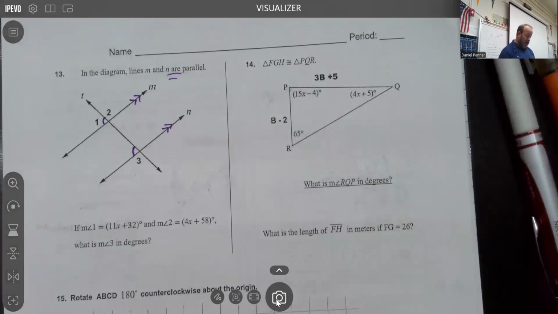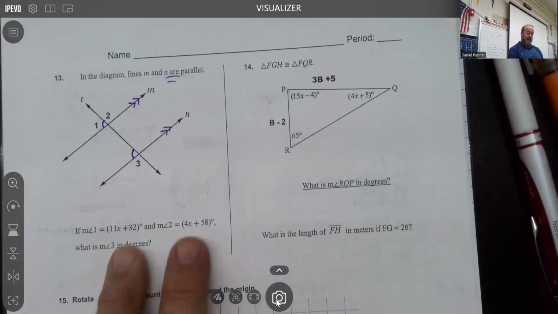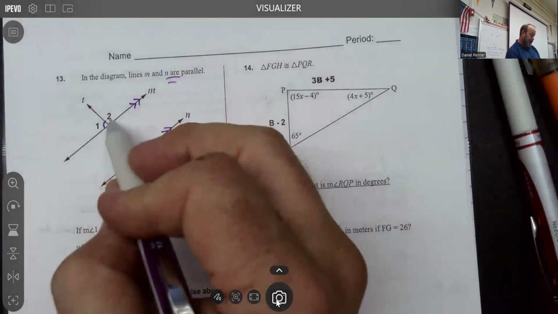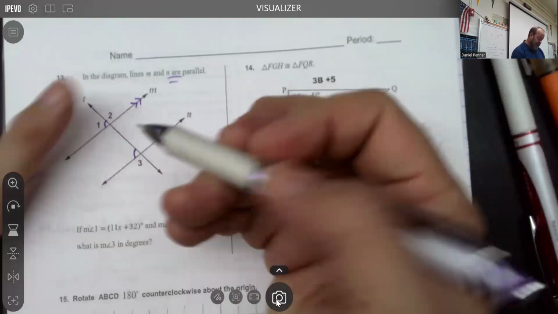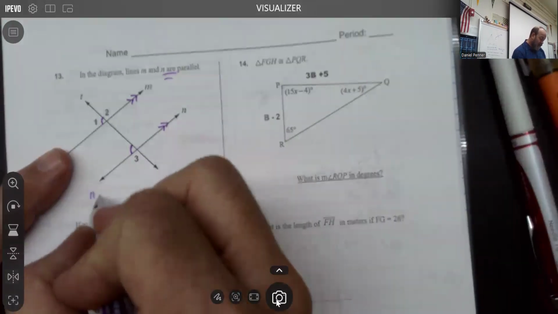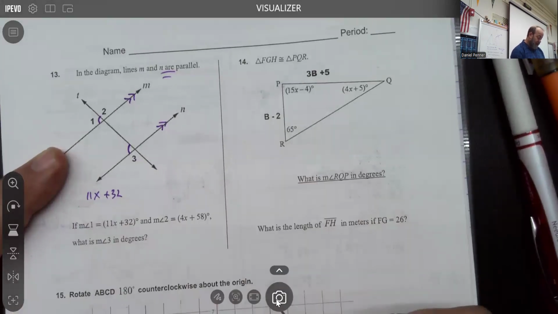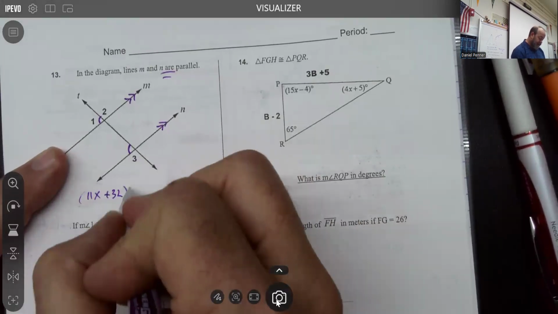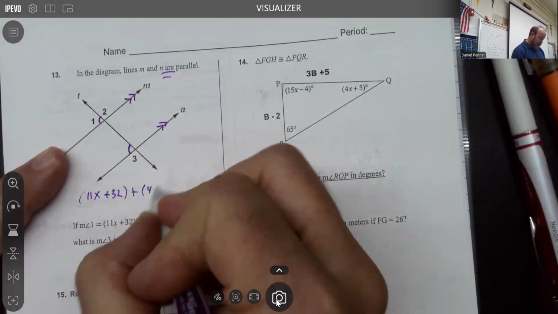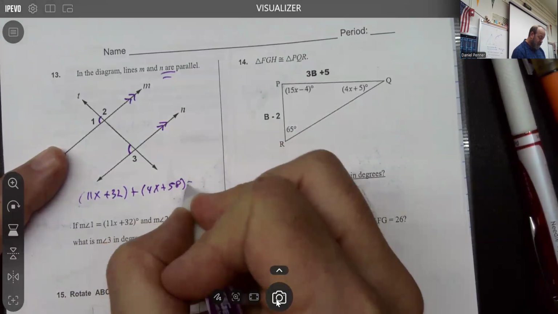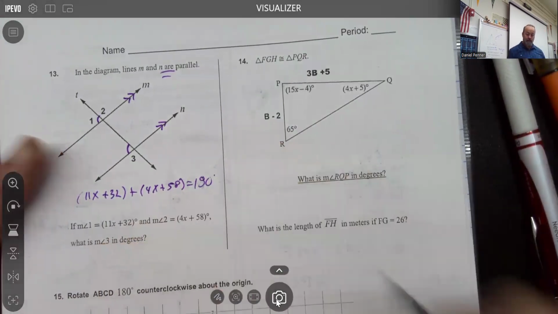So what I know is that angle 1 and 2 are given by these expressions right here, but angle 1 and 2 make a line together, so we call those a linear pair. So the 11x plus 32, which represents angle 1, and the 4x plus 58, which represents angle 2, together form a line, so that should be 180 degrees.